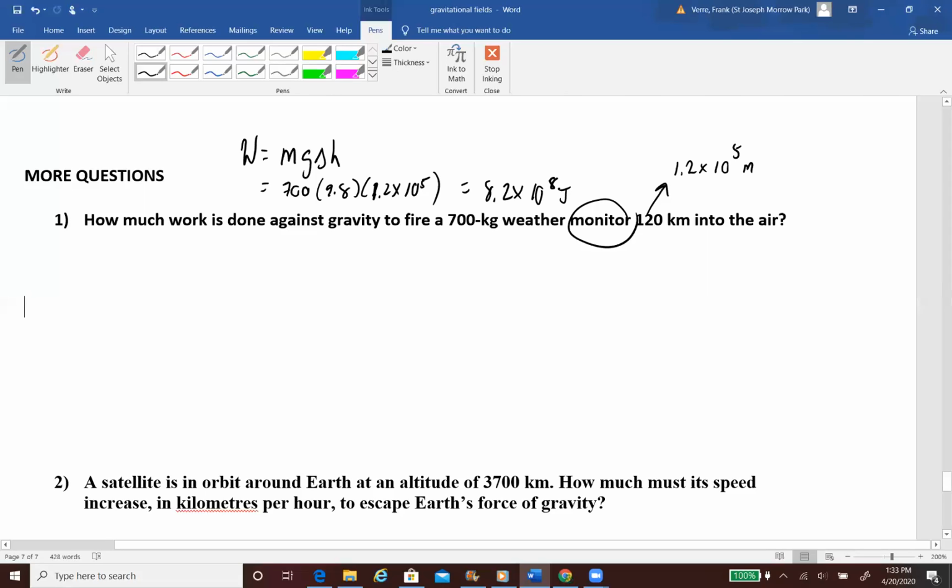But because it's such a large distance, we should realize that g is actually going to change. So this equation that we would have used back in grade 11 might not be as accurate when it comes to distances, I'd imagine, greater than at least 100 kilometers. And in this case, we're looking at 120 kilometers.